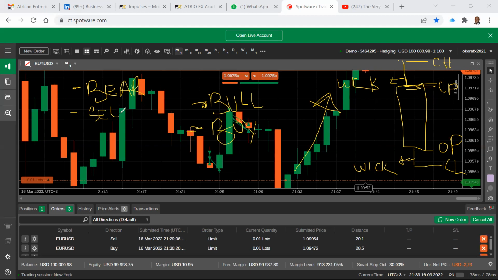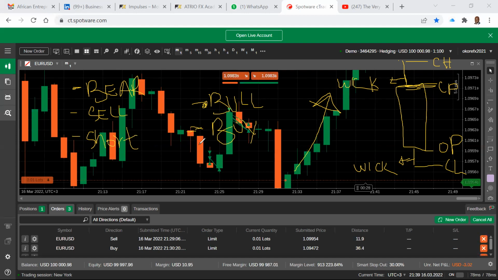Bearish candle means that you are on a sell. There are also two more words you need to know in the Forex market. When you are bearish or selling, or there's a sell candle, we also say we are going short on the market, or you are shorting the market. Somebody says, I'm shorting the market, meaning I am selling.